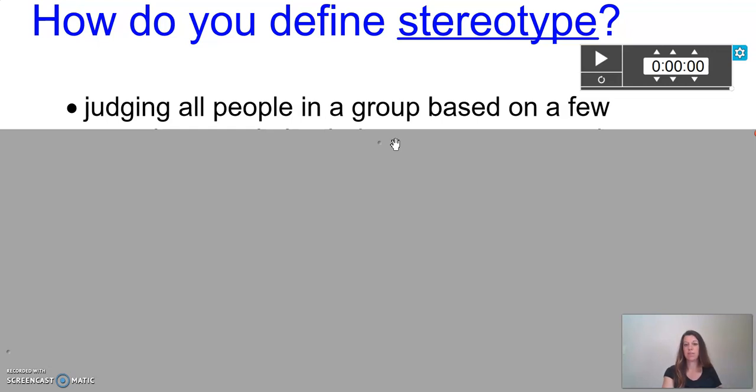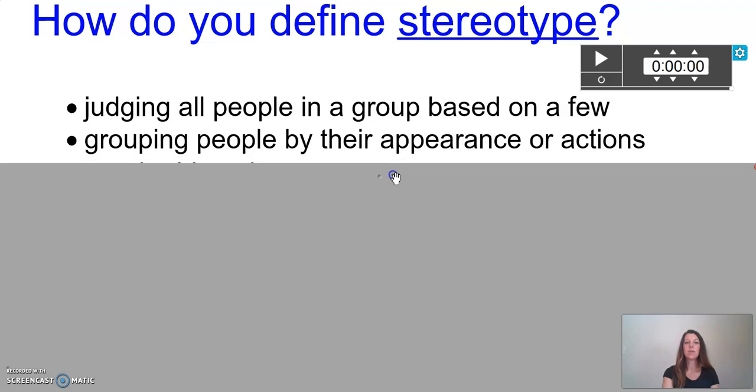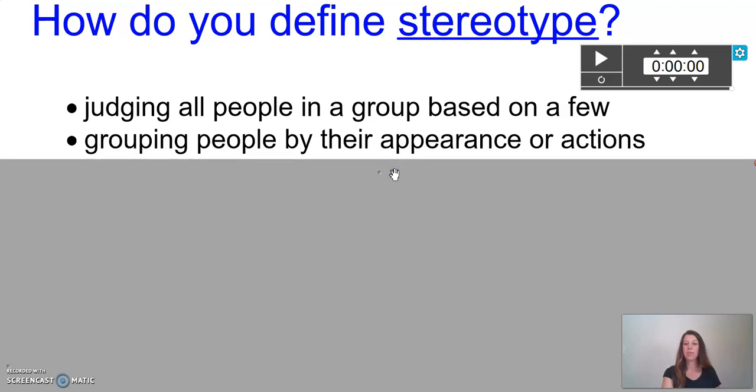Or is that something we're basing off of what we typically see? Are we grouping people based upon their appearance or their actions? The cheerleader typically wears a skirt or a uniform. A farmer is often out in a field, hauling hay, riding in a tractor, things like that.